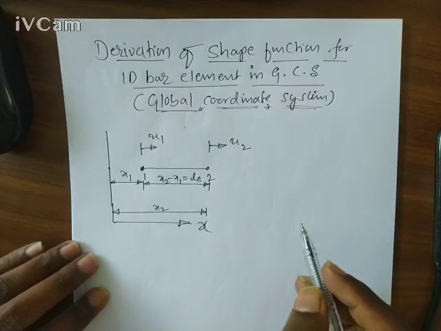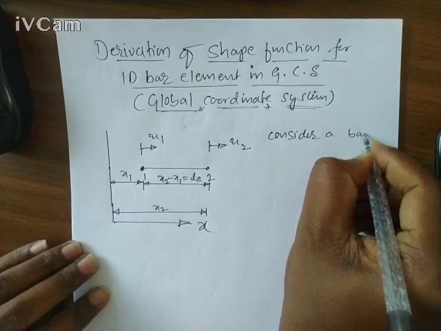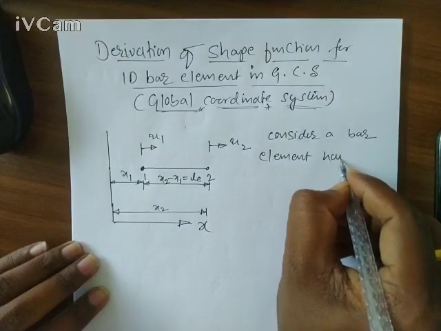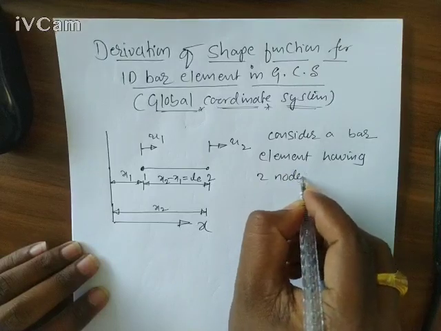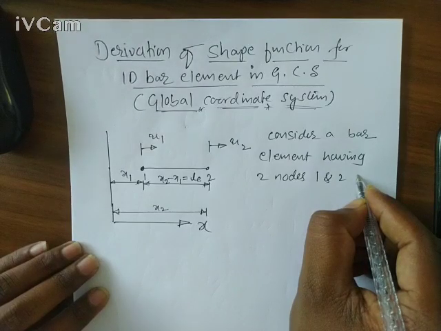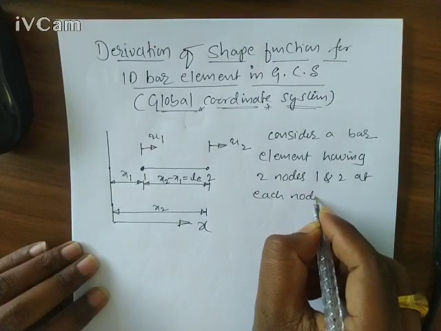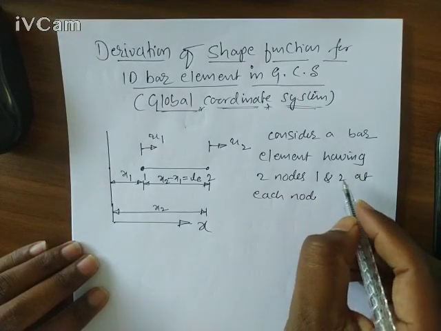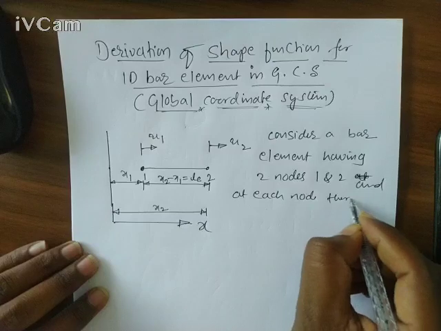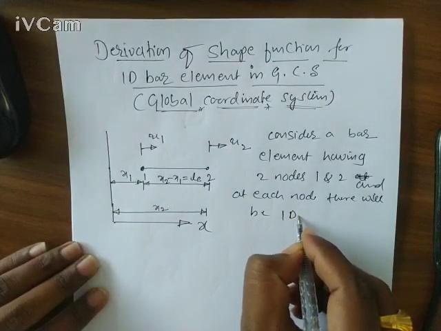Okay, so next, coming to the explanation, consider a bar element having two nodes 1 and 2, and at each node there will be 1 degree of freedom.